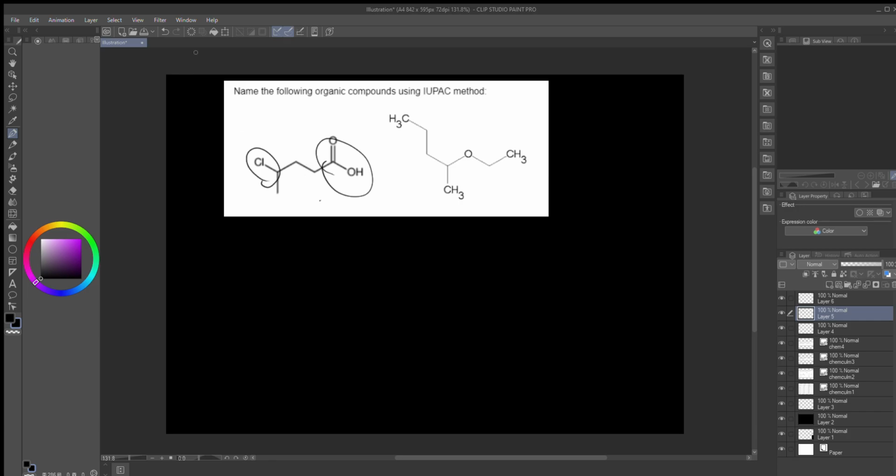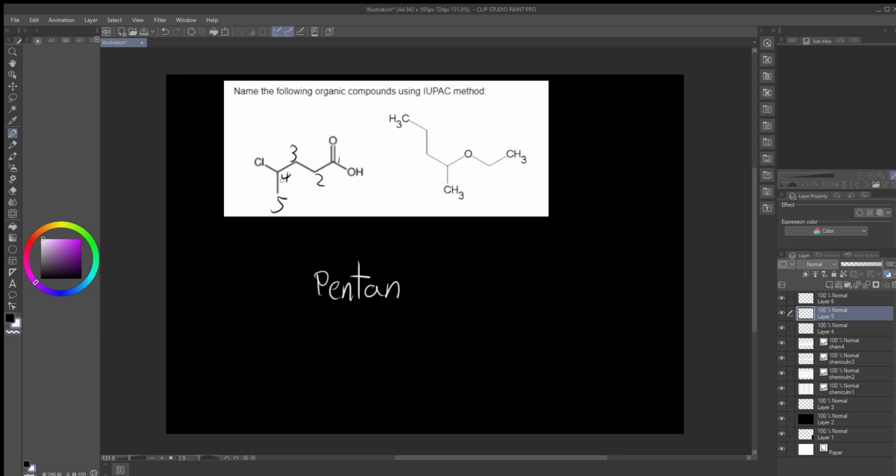The first step in naming an organic molecule is to count the number of carbons on the main chain, and we always start counting from the functional group with the highest priority. Since it's the carboxylic acid here, we'll be starting off with 1, 2, 3, 4, 5. And so that's 5 carbons in the main chain, so we will have pent in the middle of the name. Since these are all single bonds, it will be followed by -an to represent alkane.